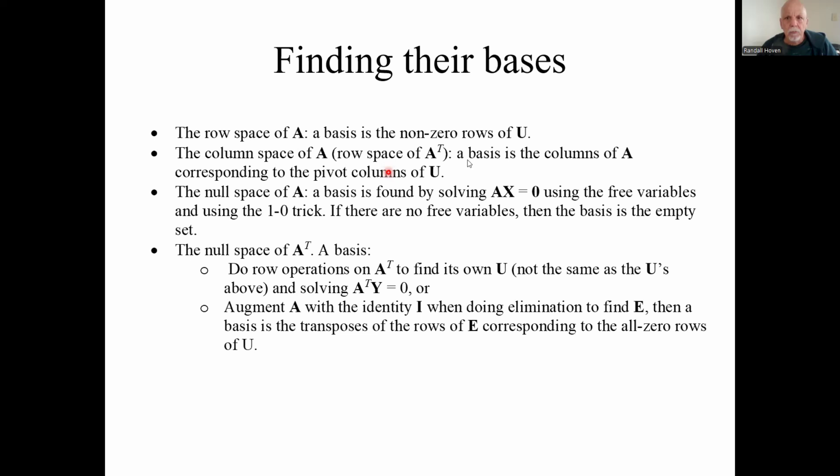Column space: a basis is the columns of A that correspond to the pivot columns of U. There'll be as many pivot columns as the rank of A and U. The null space of A: you do elimination and you express the pivot variables in terms of the free variables, and then you use the 1-0 trick to flesh out the basis.